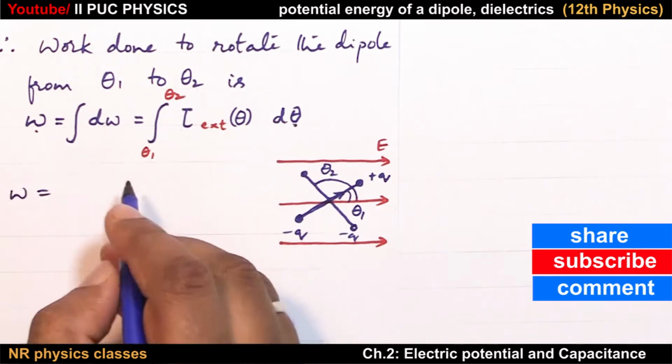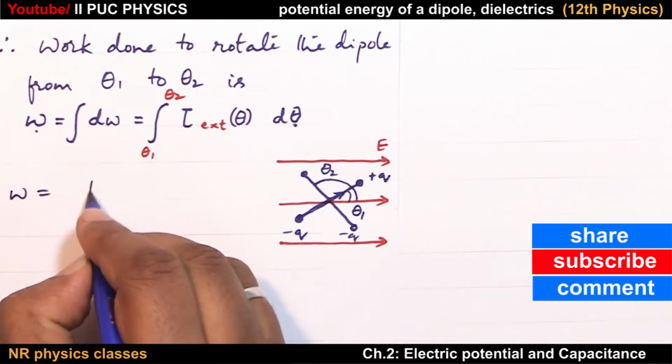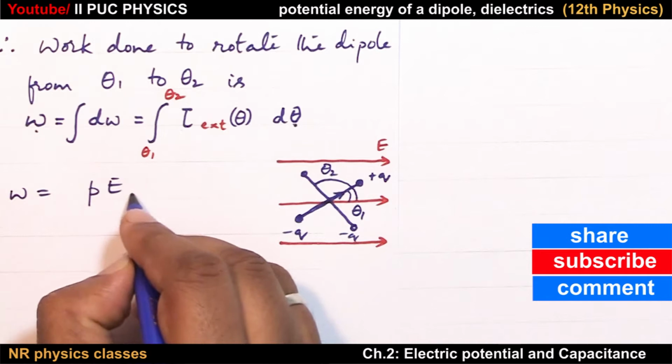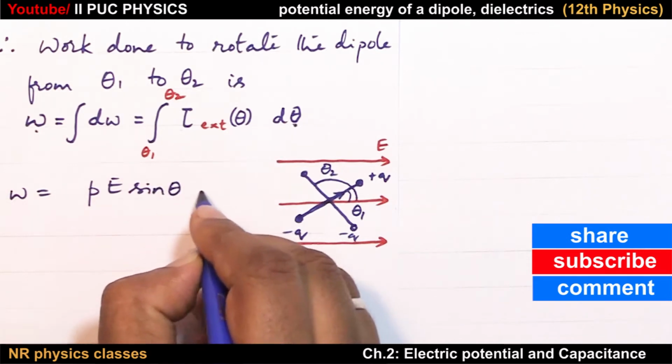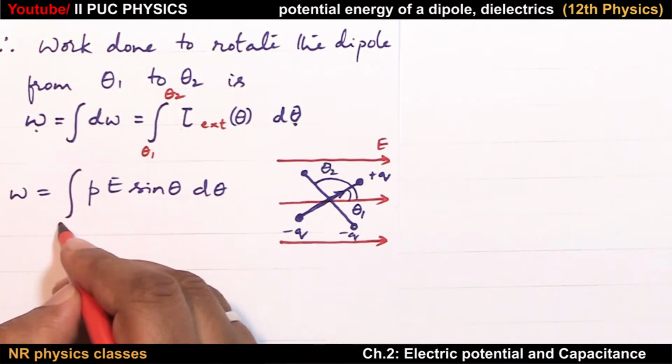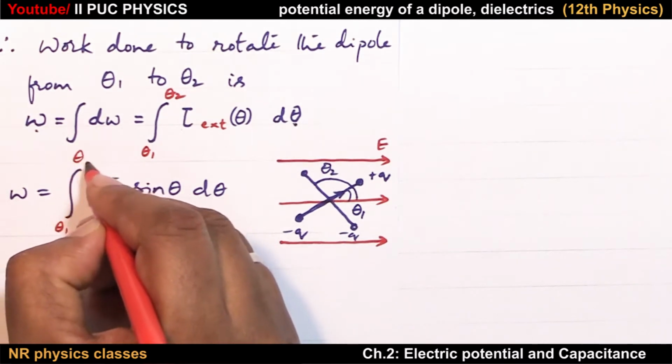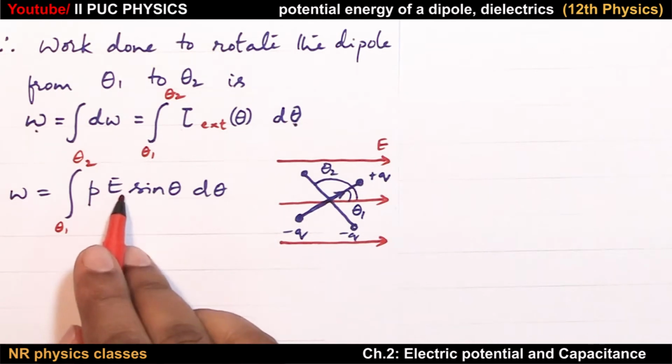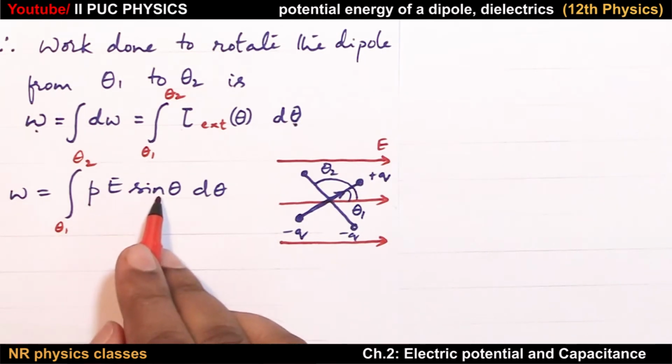Okay, work done: the integration of P E sin theta d theta, limits from theta 1 to theta 2. P E is constant, and the integration of sin theta is minus cos theta.